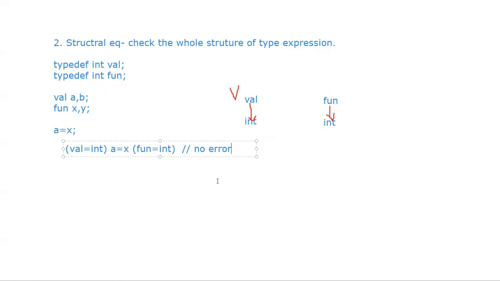Fine. Now let's take another example. Suppose I have written the structure, struct test, and inside test I have written roll number and a character array of name with maximum length 20.